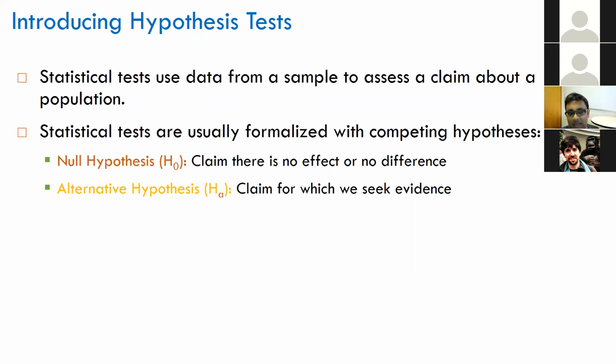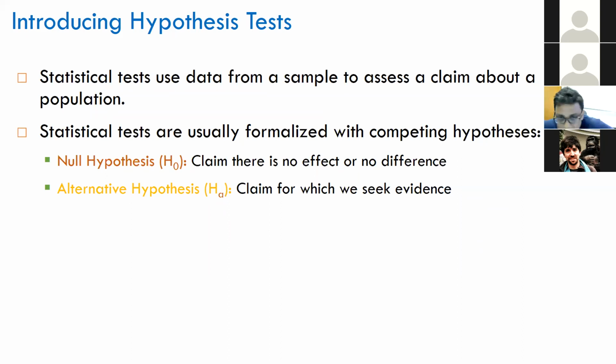Right. Hypothesis testing is a statistical test for competing hypotheses. So there are two types of hypotheses that you test. One is called the null hypothesis, the term called H0. The other one is called the alternative hypothesis.